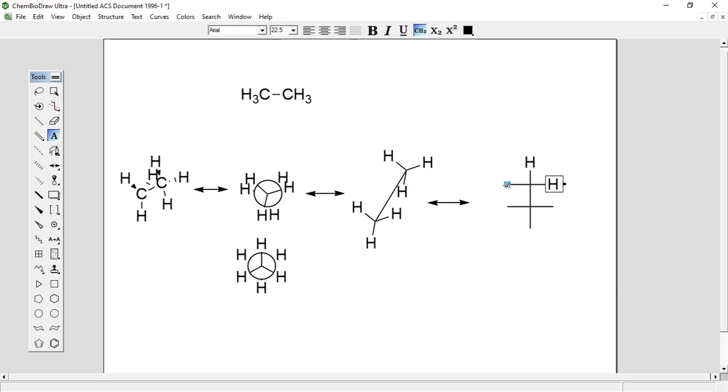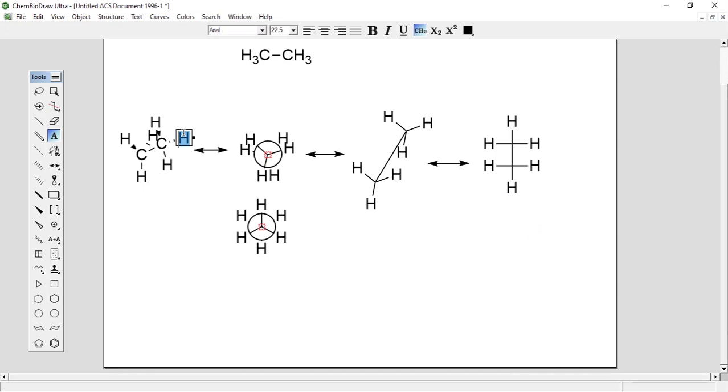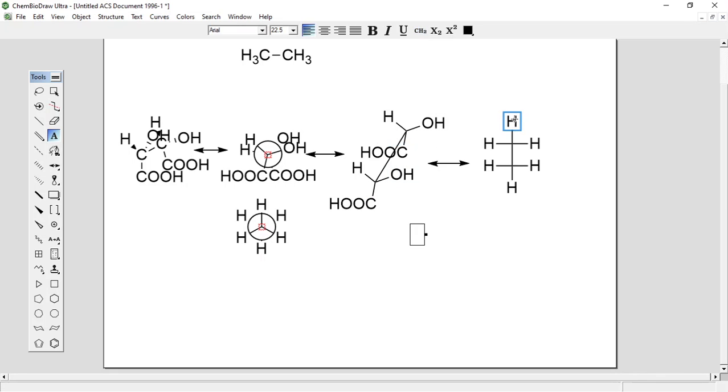Take this formula of the molecule, Fischer projection formula of tartaric acid, with hydroxy groups. In the Newman projection, these two hydrogens are replaced by carboxylic groups, same these two hydrogens by hydroxy groups, and this below hydrogen by COOH group, and you can easily convert the Sawhorse into Fischer projection formula.